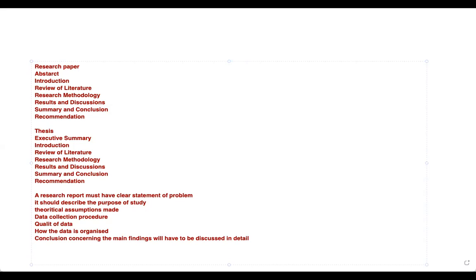Then these reports must be made available for peers for competent papers.